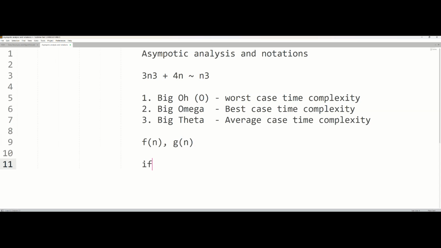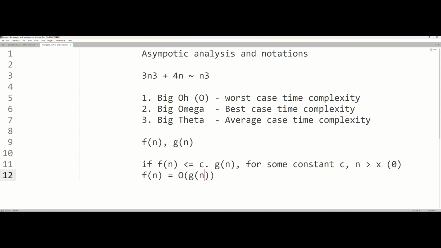Then if f of n is less than or equal to c into g of n, for some constant c, and all values n greater than some value x, where x can start at 0 or at any other positive value and goes all the way, then this can be represented as f of n is equal to big O of g of n, right?